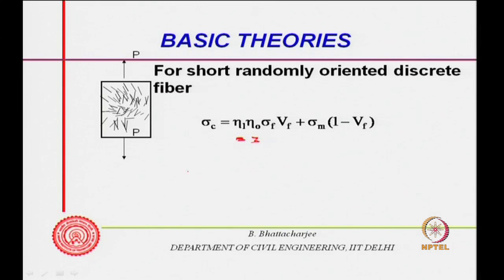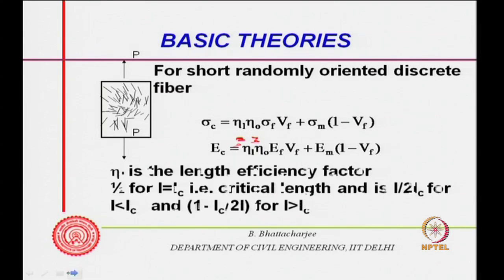We call these the orientation efficiency factor and the length efficiency factor, and the composite strength, composite stress, we can then determine in this manner. Similarly, modulus of elasticity also we can look at in this manner, and next class we will look into the same.